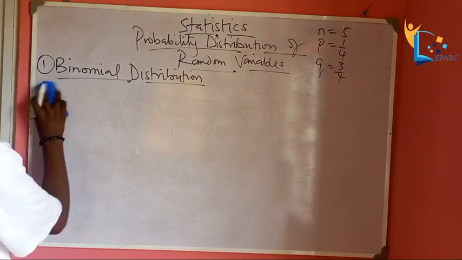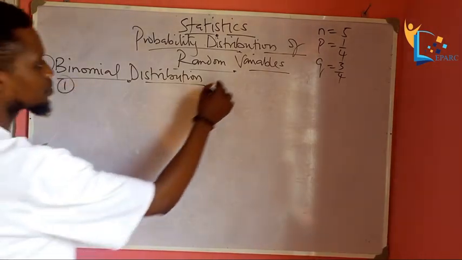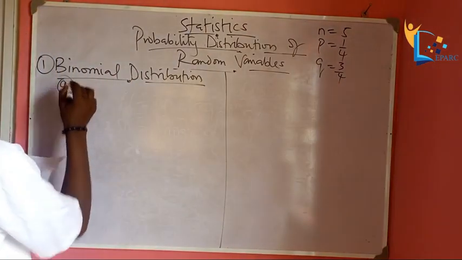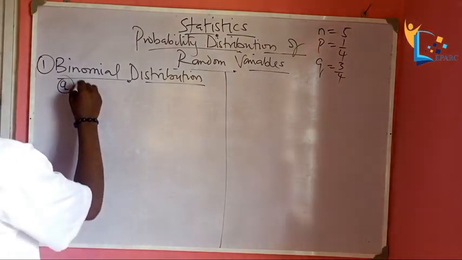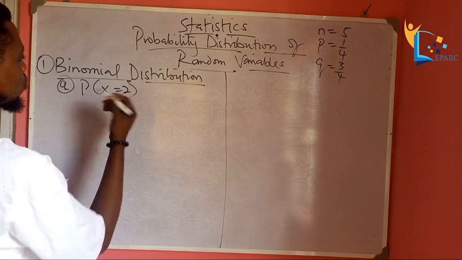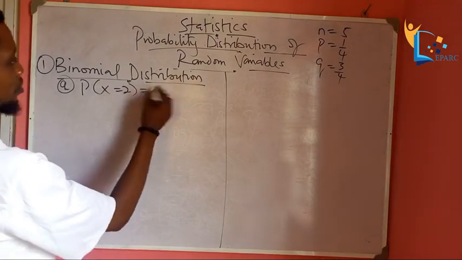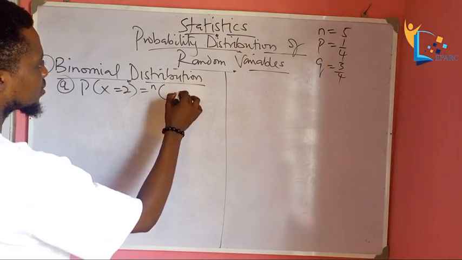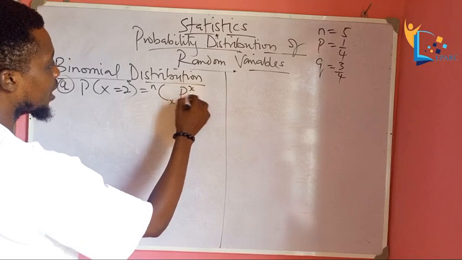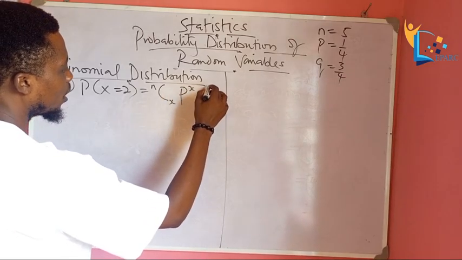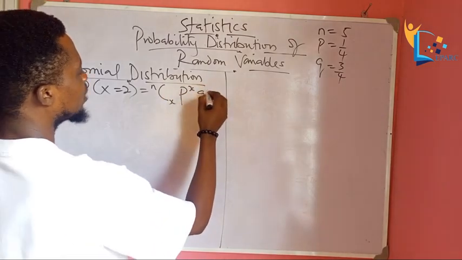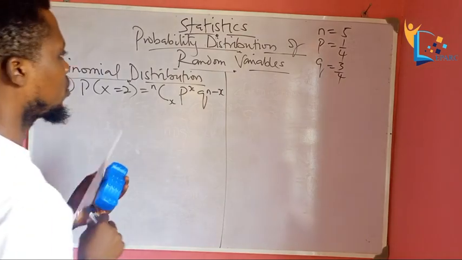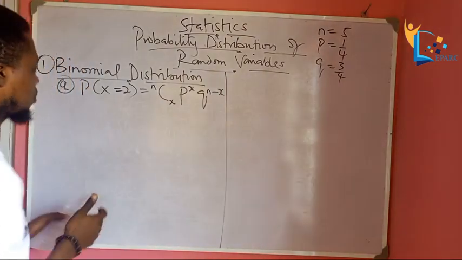Number 1, part A: 2 accounts. So P(X = 2) will give us, remember our formula, nCx p^x q^(n-x).